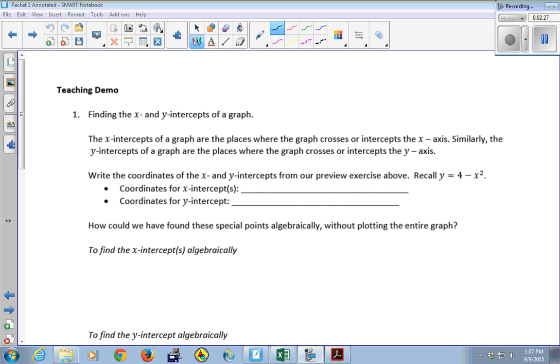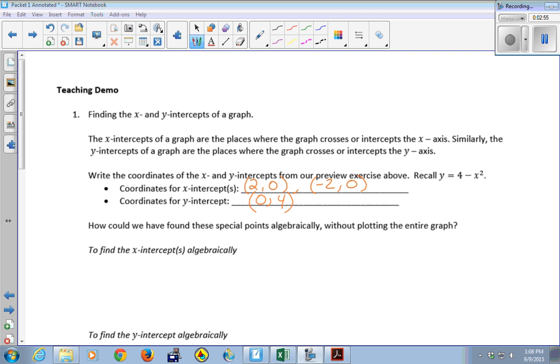So when you're giving x and y intercepts, you should give both coordinates. So we've got (2, 0) and (-2, 0). Those are our x-intercepts, where it crosses the axis. And what about the y-intercept? Where does this thing touch the y-axis? (0, 4). Great.